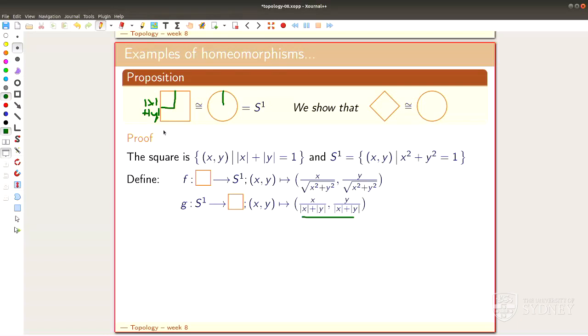So from the viewpoint of topology, a circle is the same as a square. I only showed it for the square, but now we can rescale the rectangle by using the interval trick along the axis, and you actually get also that a circle is the same as a rectangle. And that's pretty cool.